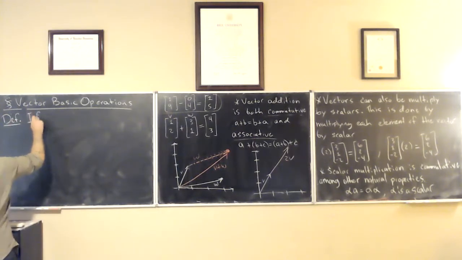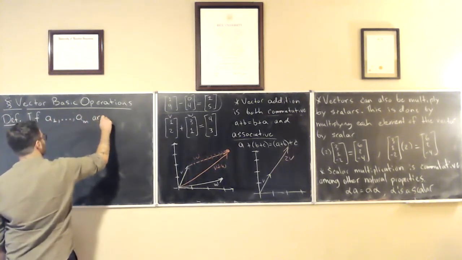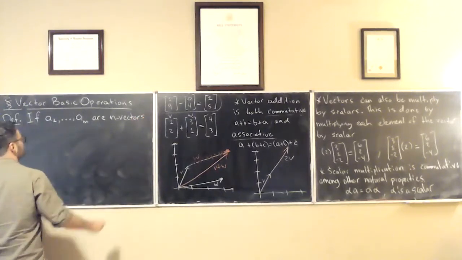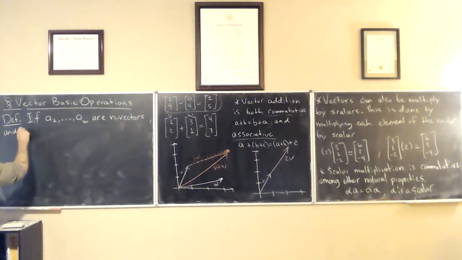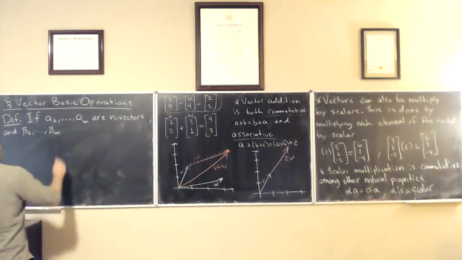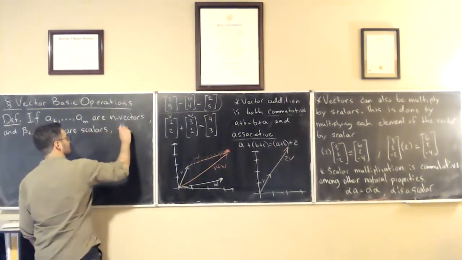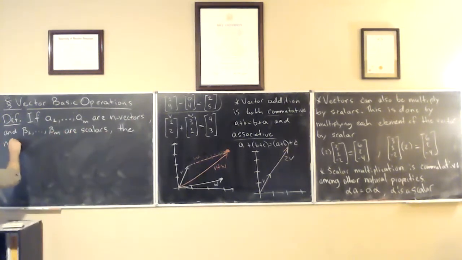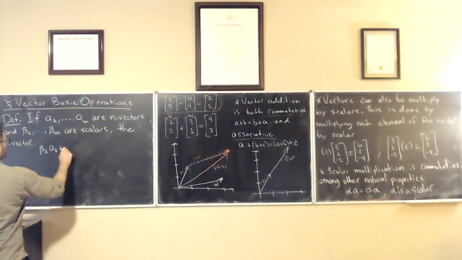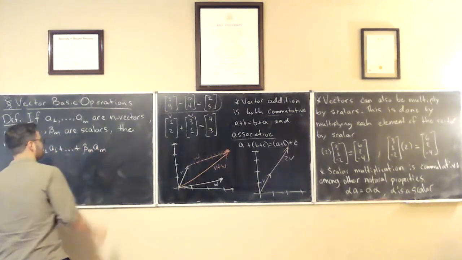Okay, so if A1 through dot, dot, dots to AM are n vectors, and beta 1 dot, dot, dot, beta m are scalars, the n vector beta 1 times A1 plus dot, dot, dot, plus beta M times AM, so that is a vector.